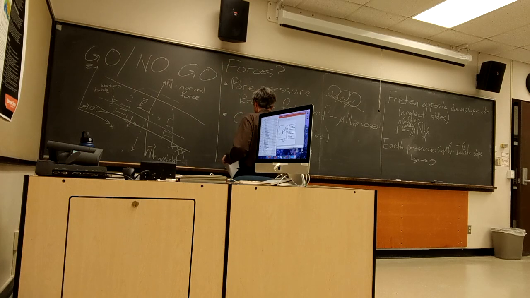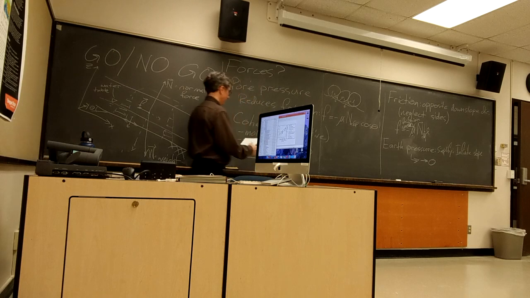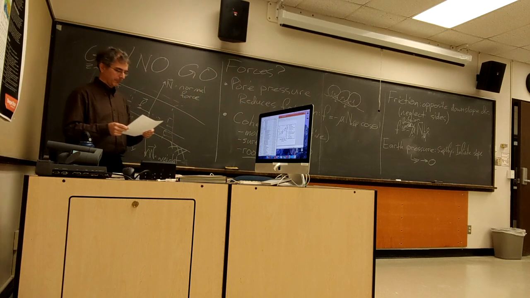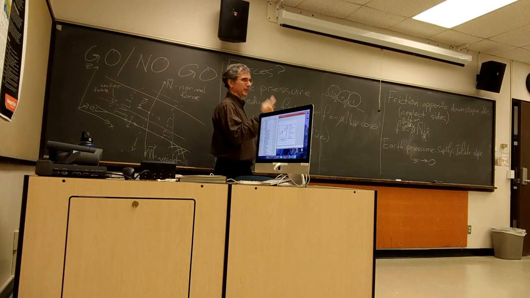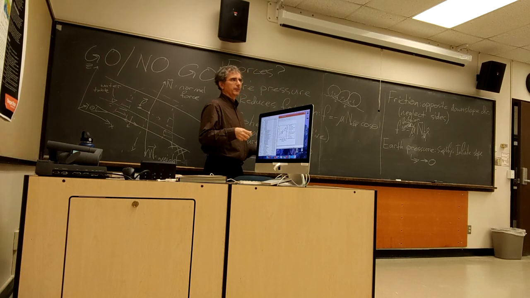But then, Brendan, you mentioned roots. And roots tend to be a big deal. Now, engineers hate dealing with root cohesion. It's difficult to do it right, and it may not be there when you need it if you're an engineer.